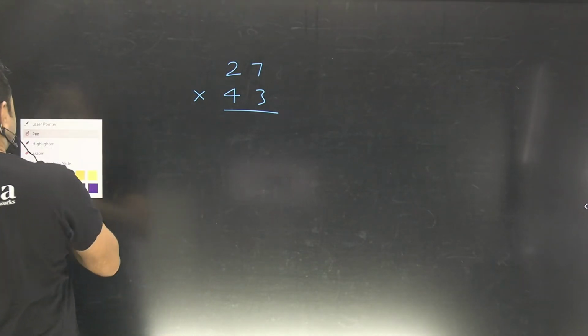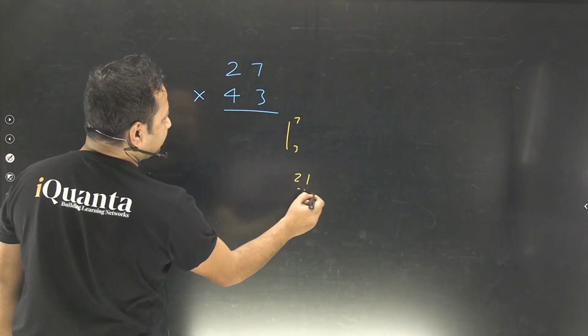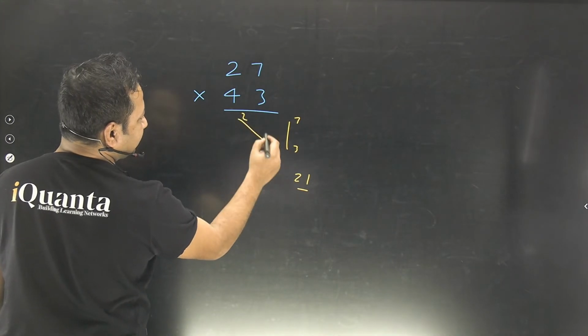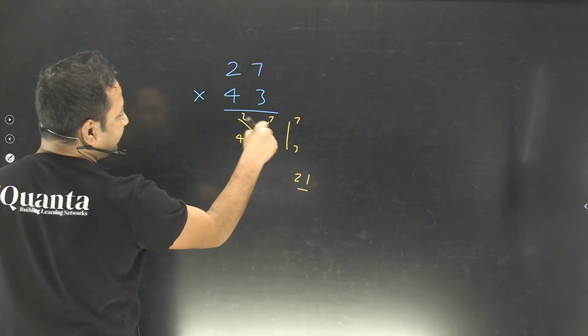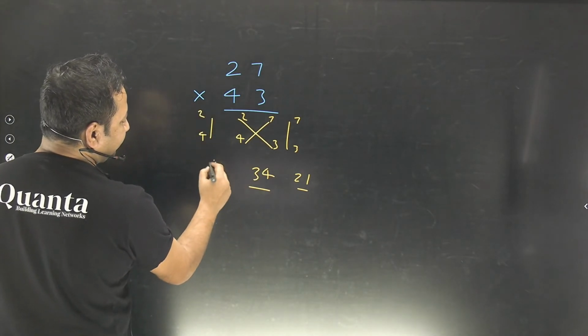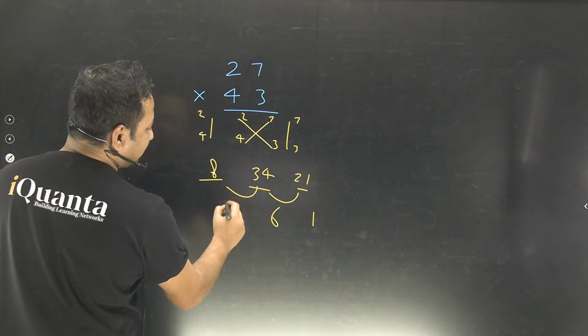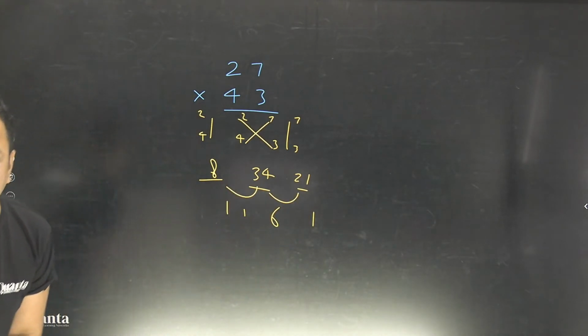Well, 7 threes are 21. 2 threes are 6. 7 fours are 28. 6 plus 28 is 34. 2 fours are 8. That is what we get. 1, 6, 11. 1161 has to be our answer.